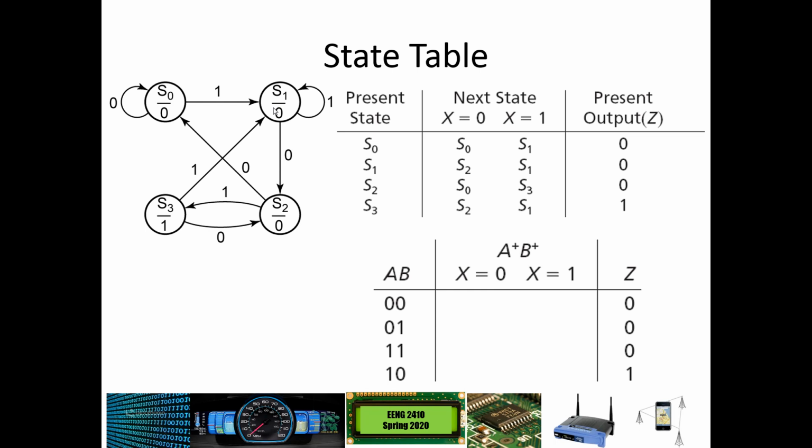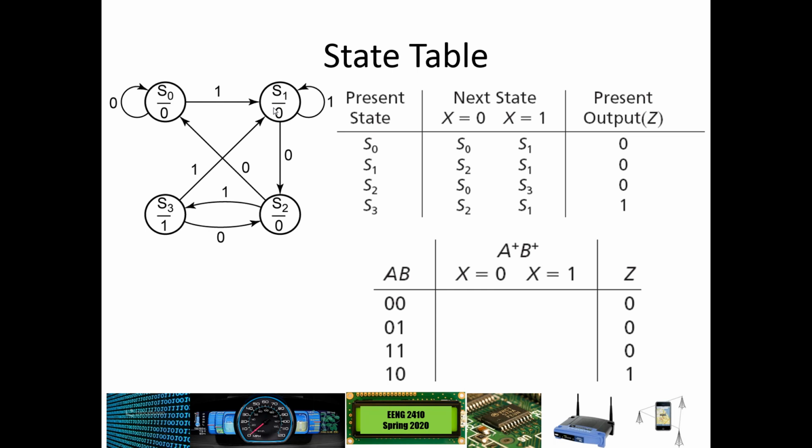In this case, because we have 4 states, we're using all of the binary combinations that are available to us with 2-bit binary. If we had one more state, we would have to add a whole other flip-flop, and with that we would have to add an extra bit to our present state representation.